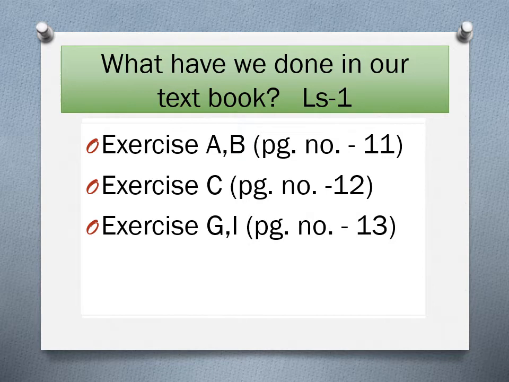And on page number 13 we have done exercise G, that is take care of plants around you, and exercise I is the addition of some plants. So I hope everyone has completed exercise A, B, C, G and I in your textbook.